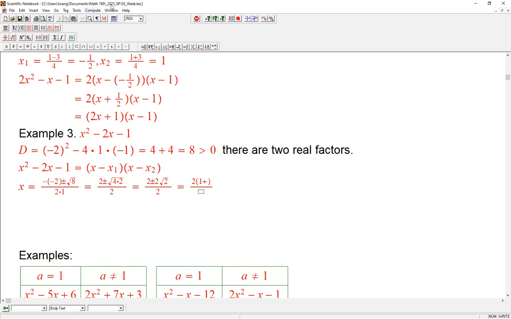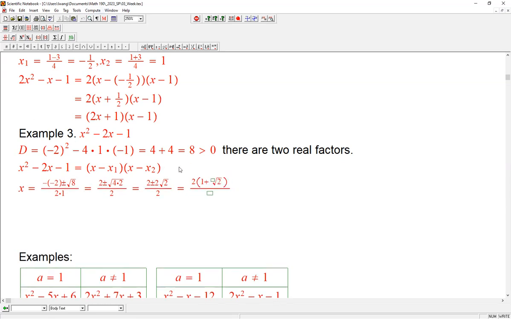So we get 1 plus the square root of 2. Wait, we have a plus minus. Yeah, sorry, there's a plus minus here, and the denominator is 2. So this 2 and the other 2 will be reduced. So in the end, we got x1, x2. x sub 1 is equal to 1 minus root 2, and x sub 2 is 1 plus root 2.